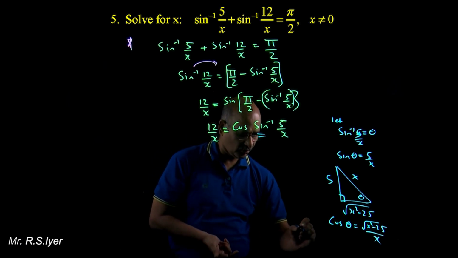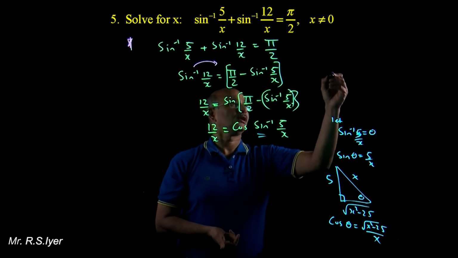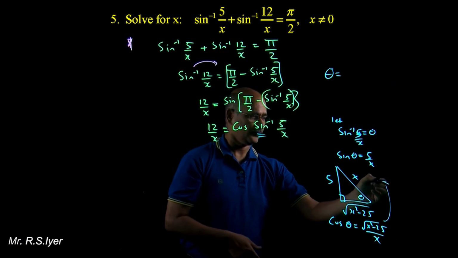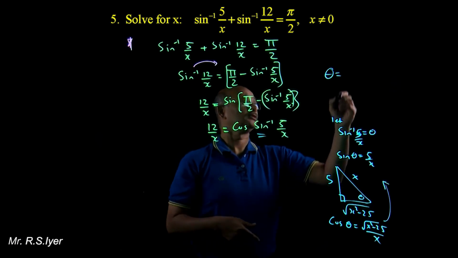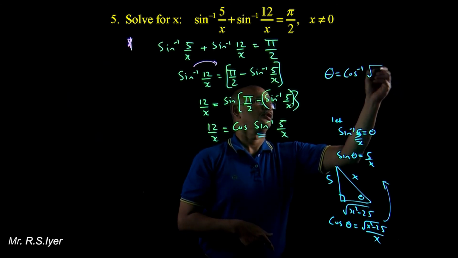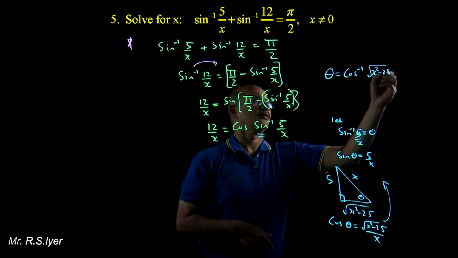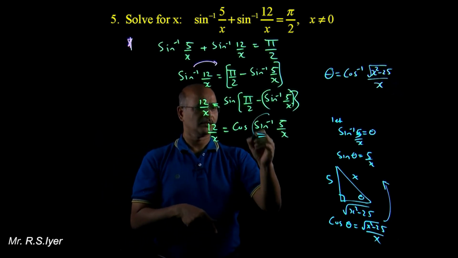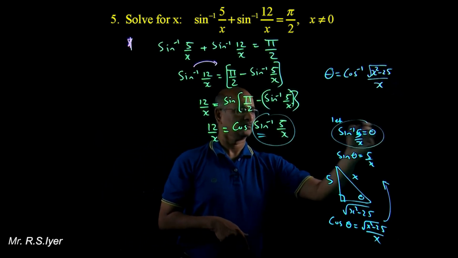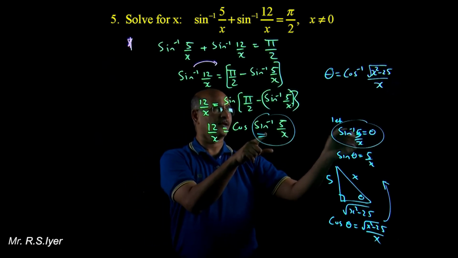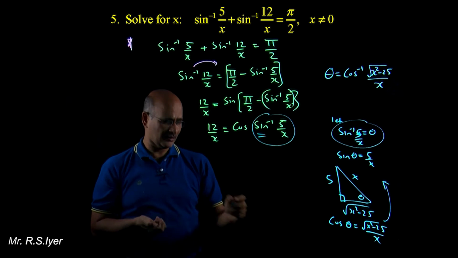So theta in this case will be, look at this, I am taking it up over here, cos inverse of square root of x square minus 25 upon x. Now what is this? This is nothing but theta only. Look. So instead of writing theta as sine inverse, I will write theta as cos inverse, so that it becomes compatible.